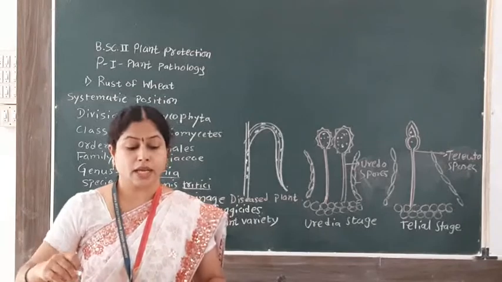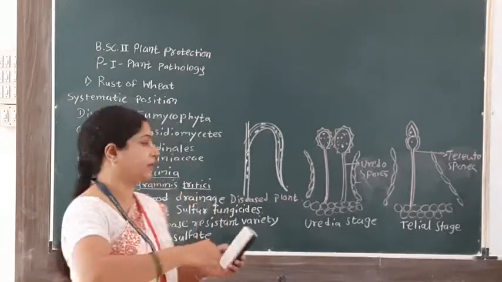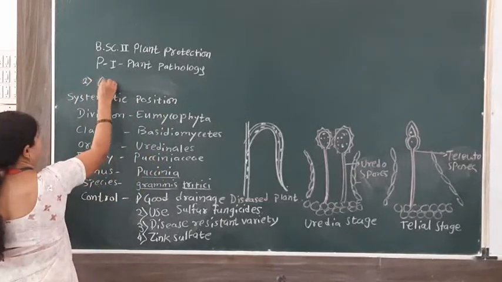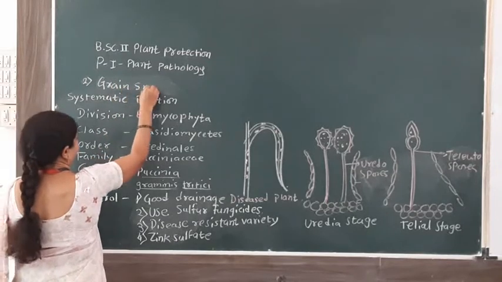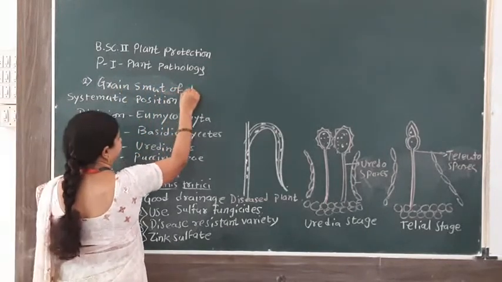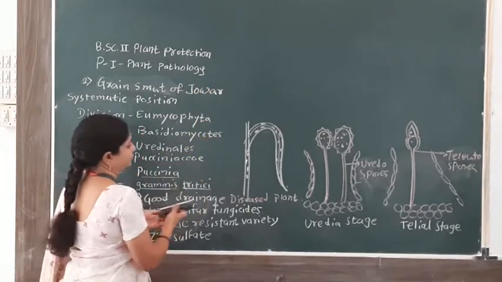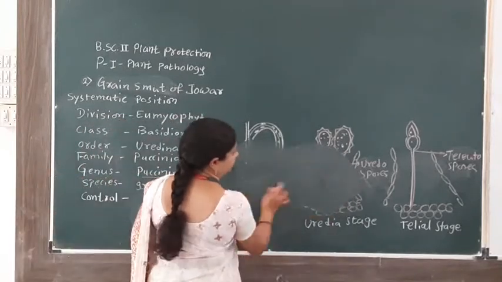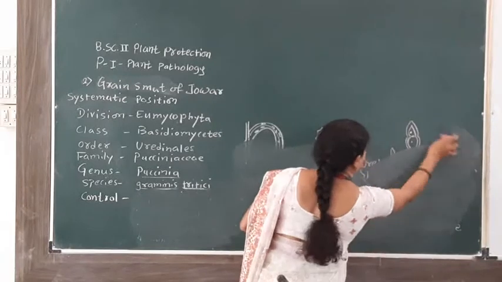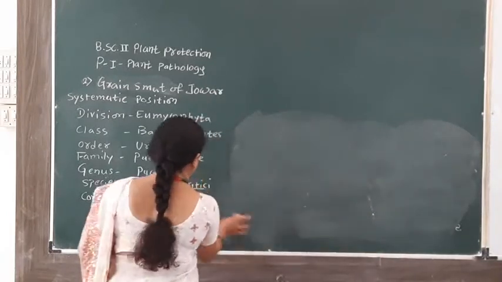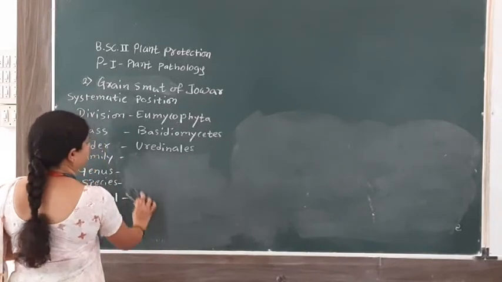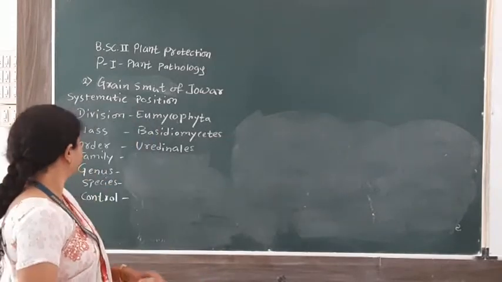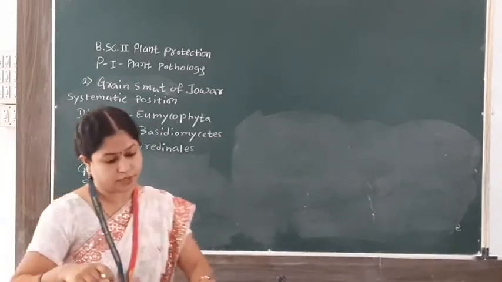Now we are going to study the next disease, that is grain smut of jowar. First, we are going to study the systematic position.